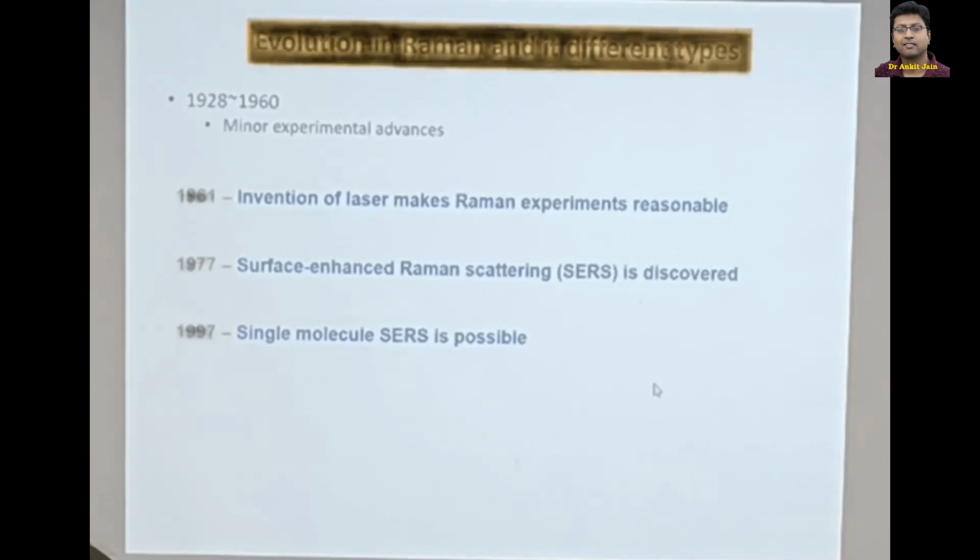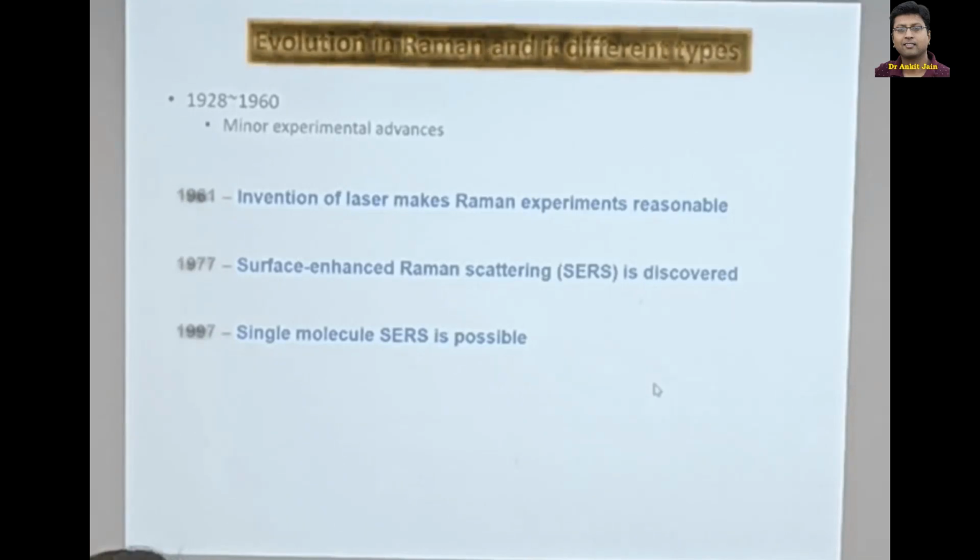It has much higher intensities, which Raman himself said in his paper: we need very high power and high intensities, and only then will this kind of molecular interaction be visible. So all these advances from 1928 to 1960 were very small for Raman. There were almost nil applications. Nobody was using it. Only in labs it was being used.